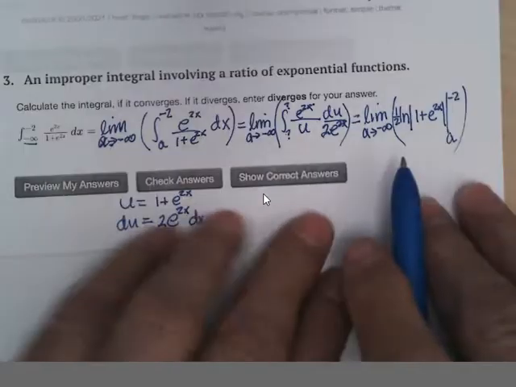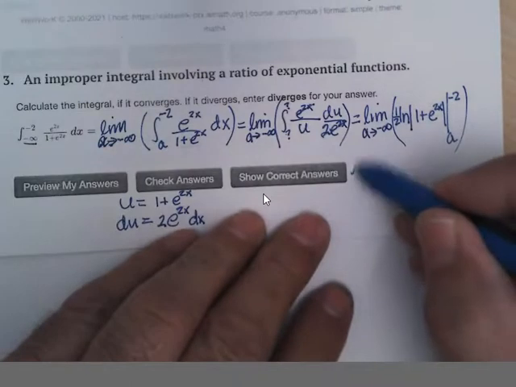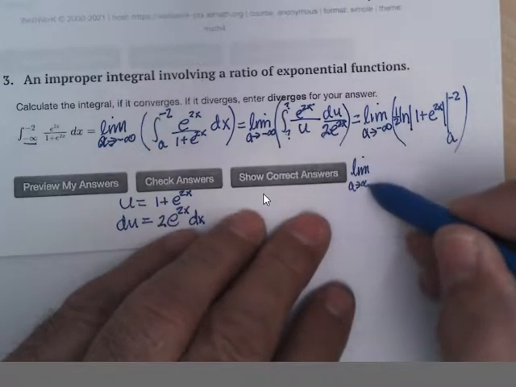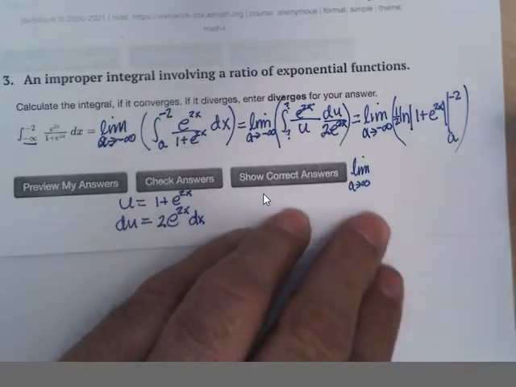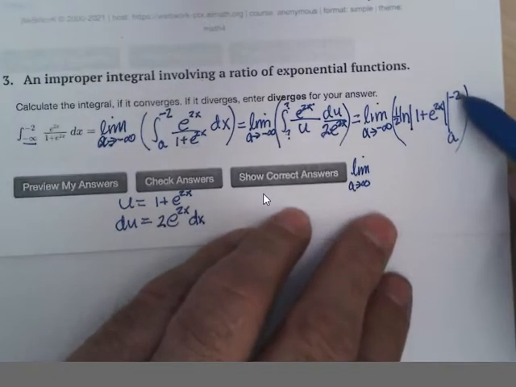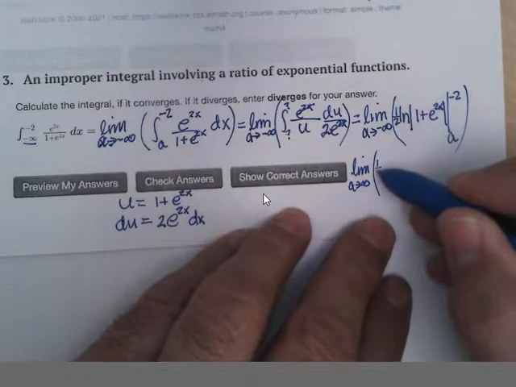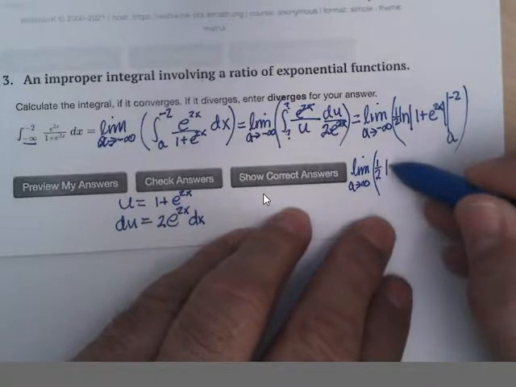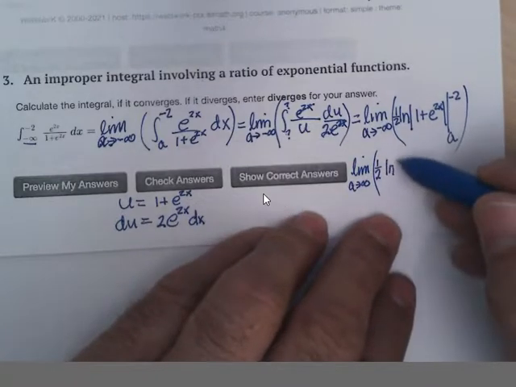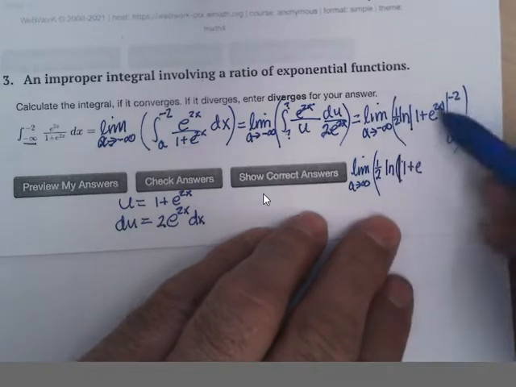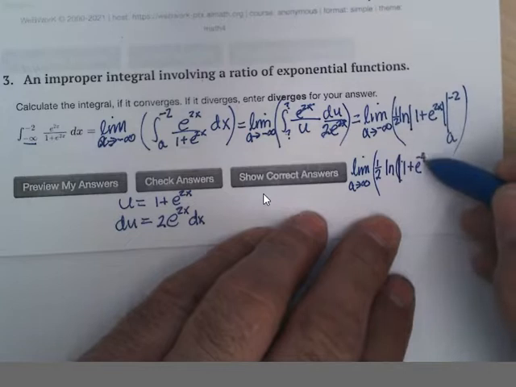And that would become the limit as a approaches negative infinity of, so I'll put in the minus 2, so I'll get 1/2 ln absolute value of 1 plus e to the negative 4.